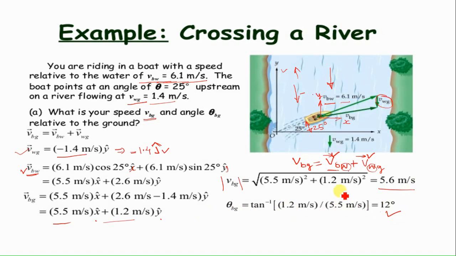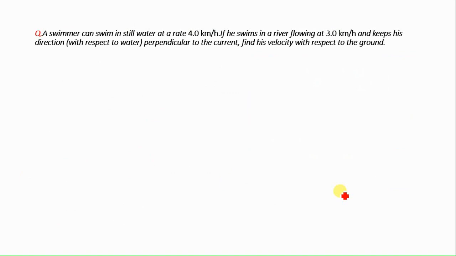Now there is another problem here. A swimmer can swim in still water at a rate of 4 km per hour. Let us suppose this is the river.